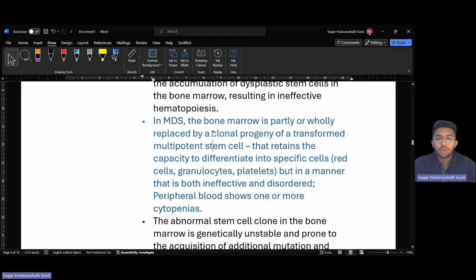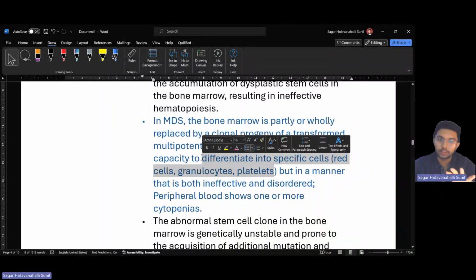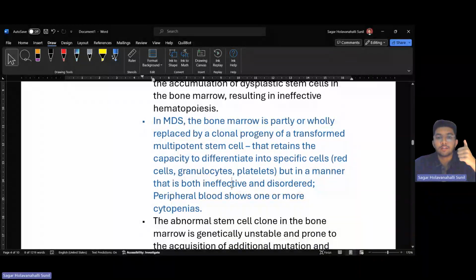Now, this clonal progeny retains its ability to differentiate into specific cells. So they can get differentiated, but again, the order in which they're getting differentiated is both ineffective and disordered.